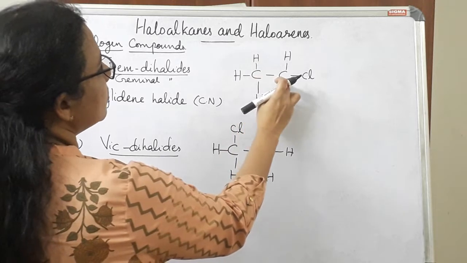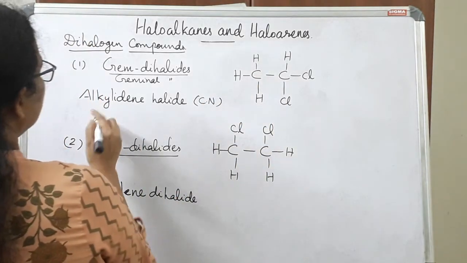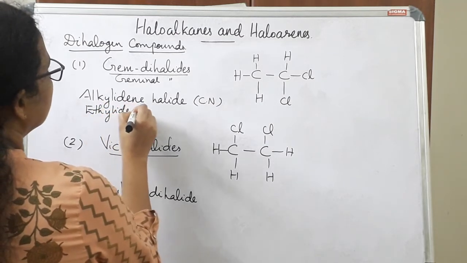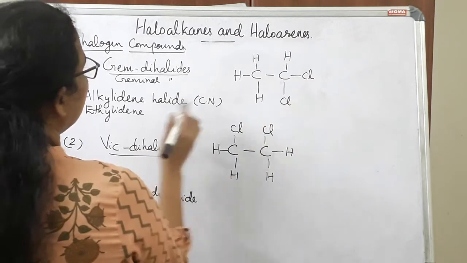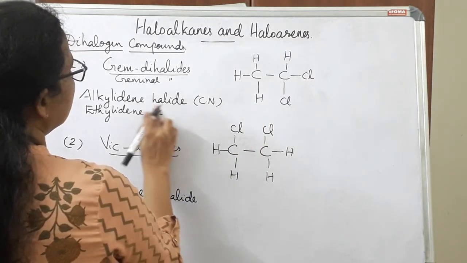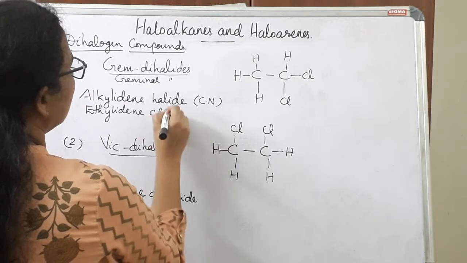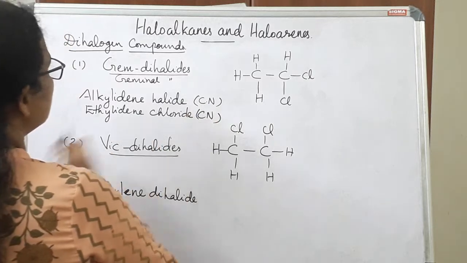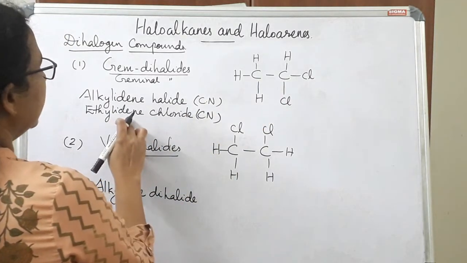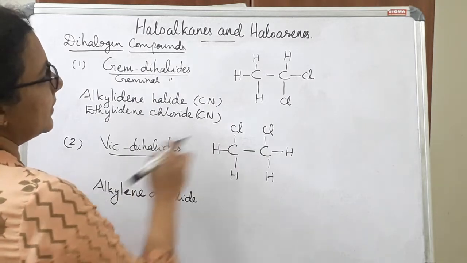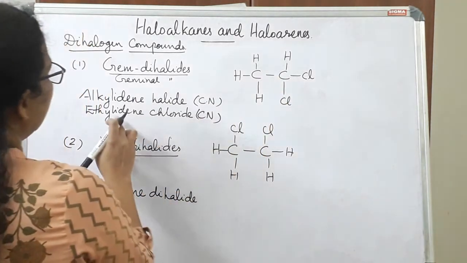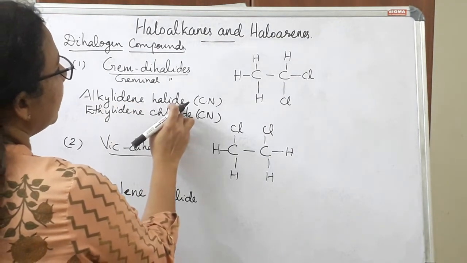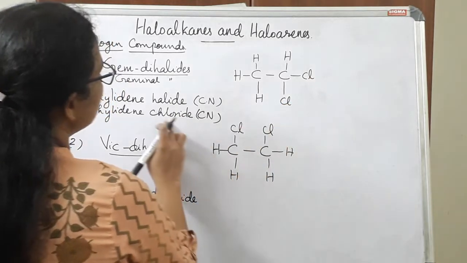Since there are two carbon atoms, it is ethylidene, and instead of halide we can write chloride.